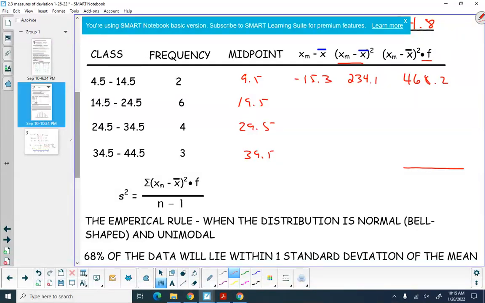Just work yourself across each row and then down to the next row.